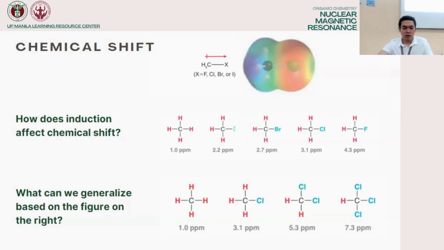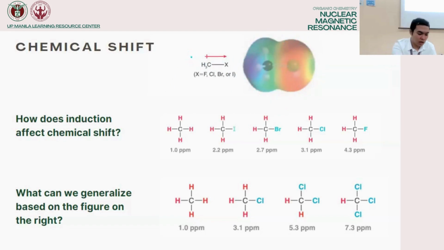What's in the uppermost figure? It's an electron cloud model of a halomethyl. You have a methyl group here, and then X, where X is fluorine, chlorine, bromine, or iodine. As you can see, it pulls the electrons to one side.